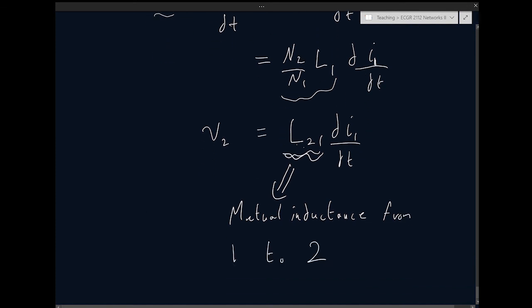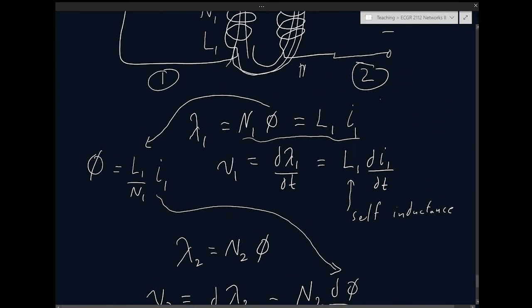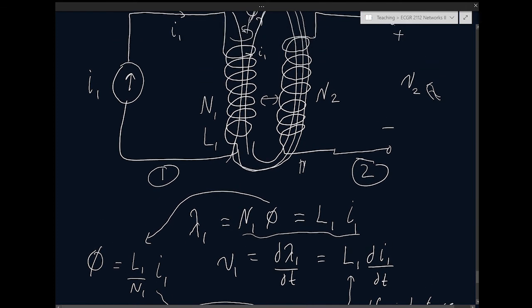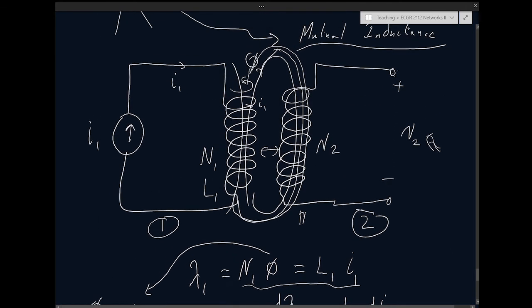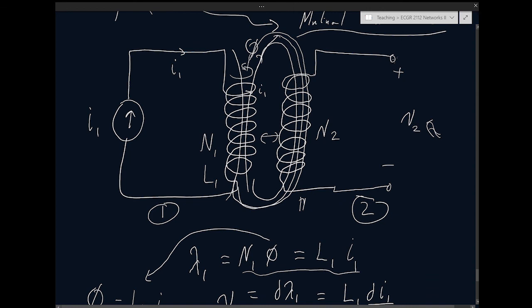You take it and multiply it by the rate of change of the current in circuit 1, and it gives you a voltage in circuit 2. That's why we call it mutual. While in the self-inductance case, we have a voltage across coil 1 due to a current in coil 1. Mutual inductance is a voltage on coil 2 due to a current in coil 1.